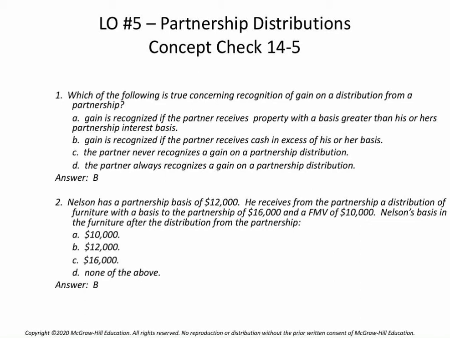The furniture has a basis of $16,000, but a fair market value of $10,000. We typically step into the shoes and take that $16,000 basis in the hands of the partner. However, we only have $12,000 in the actual partnership interest itself. We can't go negative, so we'd only have $12,000 for the basis in that property, and that would leave us with 0 basis in the partnership interest.